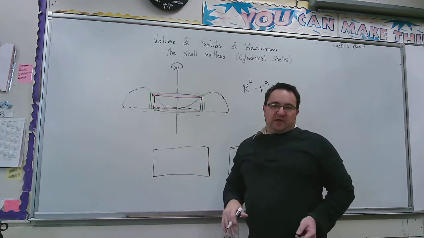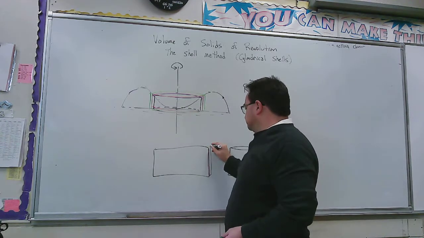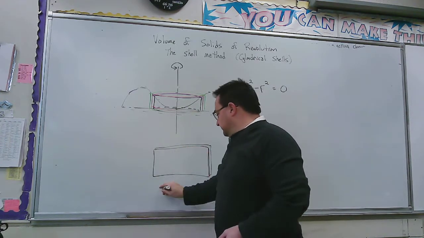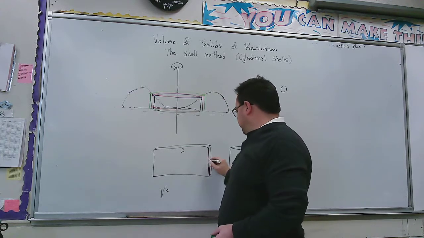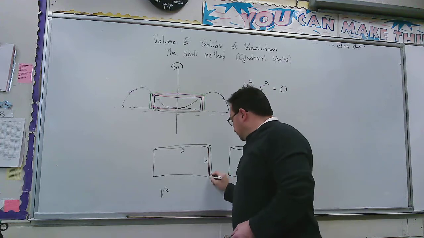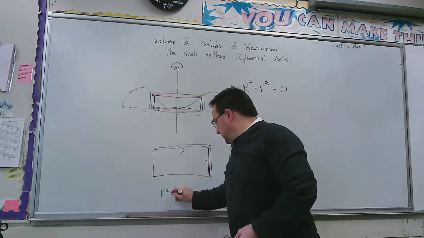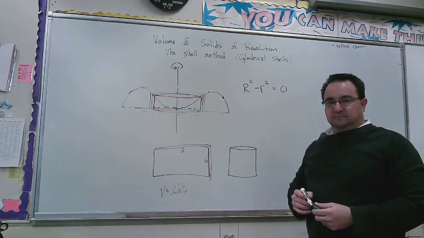Well, let's start with the paper. What would the volume of this piece of paper be? Well, the volume would be the length times the width, or let's call it the height, the way I've drawn it, times the thickness. So that would be L times H times T.